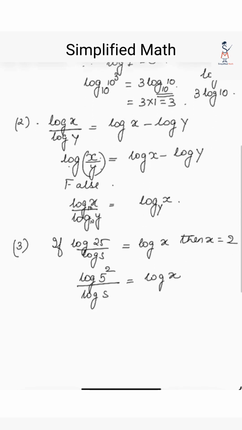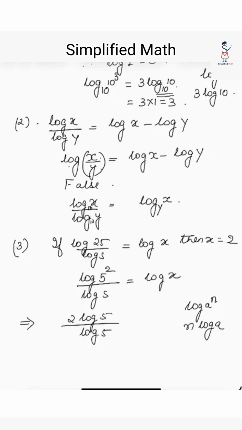Any log raised to any power, the power comes in front of the log. So this can be written as 2 log 5 by log 5 is equal to log x. This log and log get cancelled.